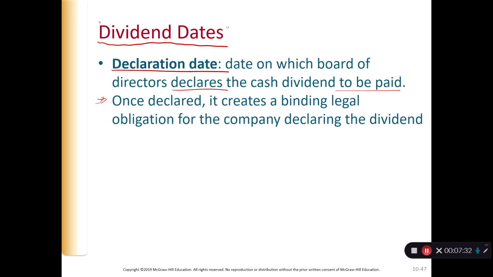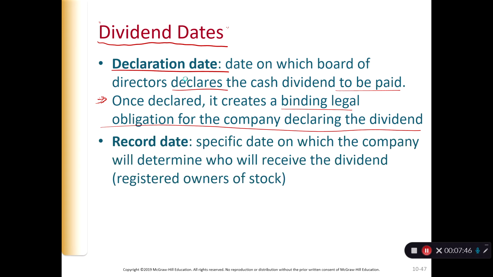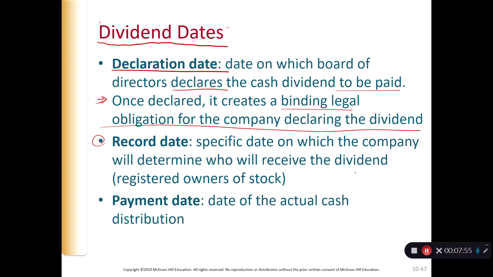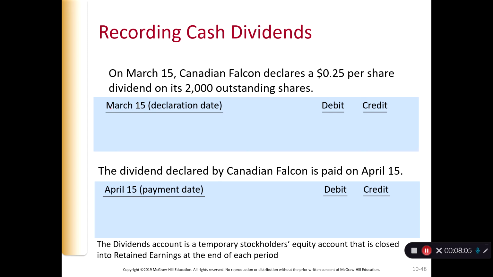Once you declare, it creates a binding legal obligation for the company, meaning that if you declare you're going to pay a dividend, you'd better pay. If you don't pay, it will be part of a liability. And then the record date. The record date is a specific date on which the company will determine who their investors are and who receives how much. And the payment date is the date that they distribute cash or checks to the stockholders.